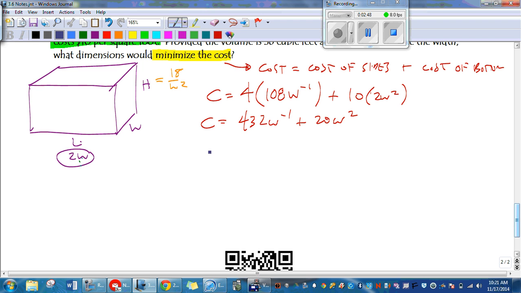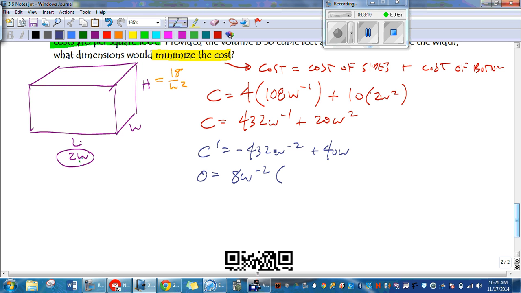So we want to figure out the derivative to find the critical value. So we get negative 432 times w to the negative second plus 40w. And we want to know when that's 0. So we can factor out an 8w to the negative second here.